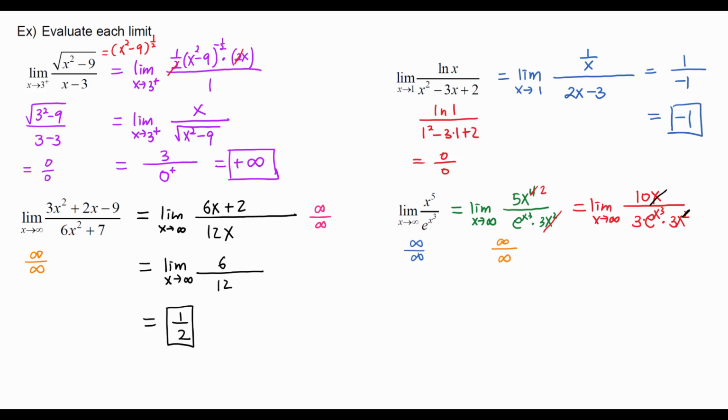So what I really have here is the limit as x approaches infinity of 10 over 9 e to the x to the third power. And since I have a 10 on the top, and when you plug infinity for x, e to the infinity to the third power will of course go to infinity. And when you have a constant on the numerator and the denominator gets bigger and bigger, you know it goes to 0. So 0 is the limit.